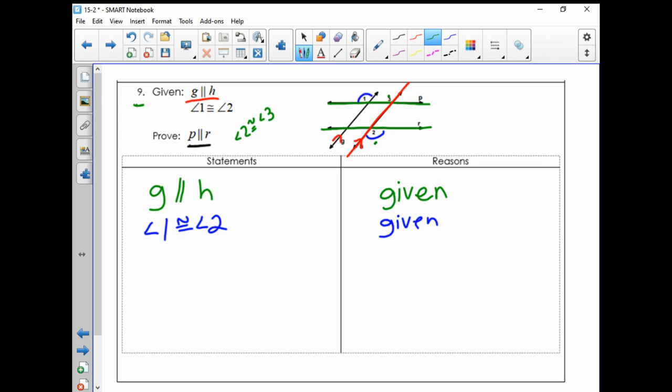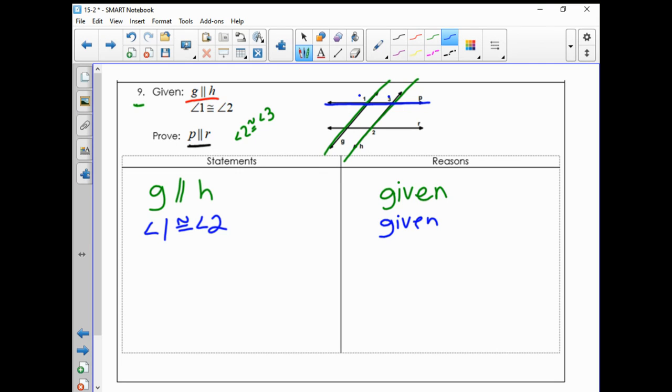Okay, so now let's go back to what they gave us. They told us that these two lines are parallel. I'm going to erase all my markings so that you can see right here. They've told us that these two lines are parallel. So again, when you're looking at transversals, here's the only transversal that touches two of those angles. So that's the transversal we're going to look at first.